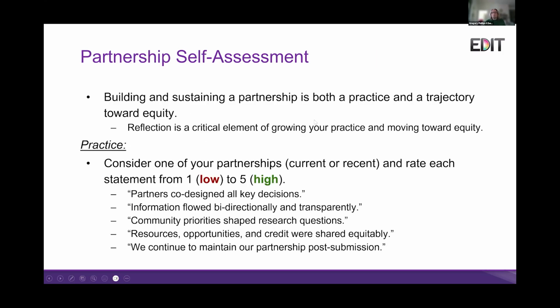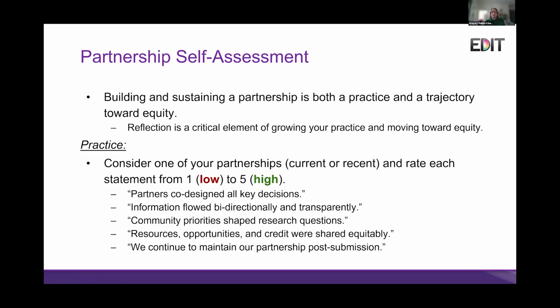I always recommend that people reflect on where they're at with a specific partnership, because I find that helpful for figuring out what your baseline is. We also want to think about this as a trajectory towards equity, moving further to the right on that spectrum.